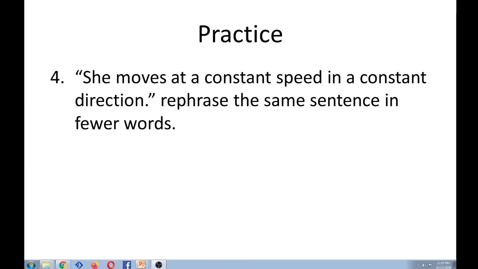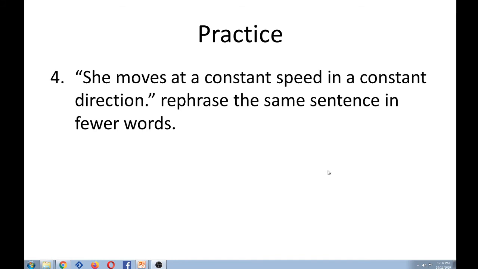Okay, next. She moves at a constant speed in a constant direction. Rephrase the same sentence in fewer words. So, speed is constant, then direction is constant.